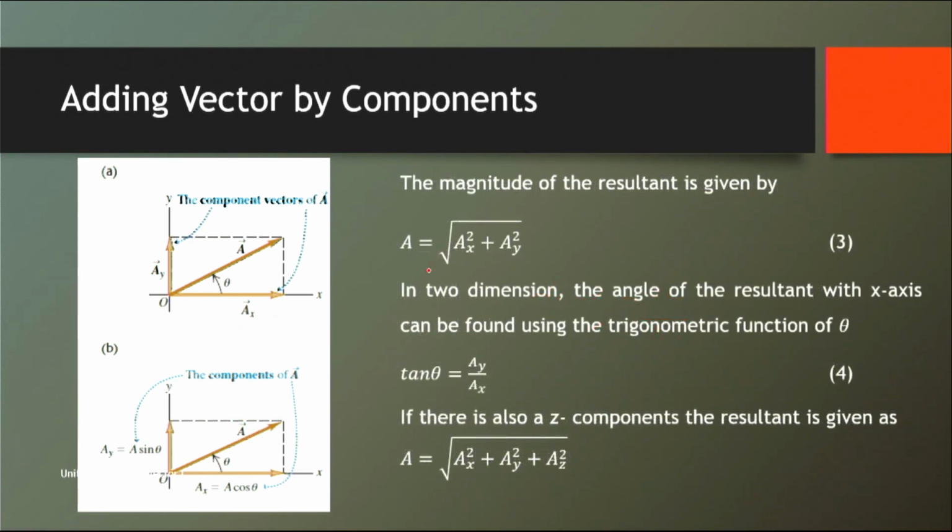To get the magnitude of our resultant, we apply Pythagoras' theorem, which is A squared equals AX squared plus AY squared.